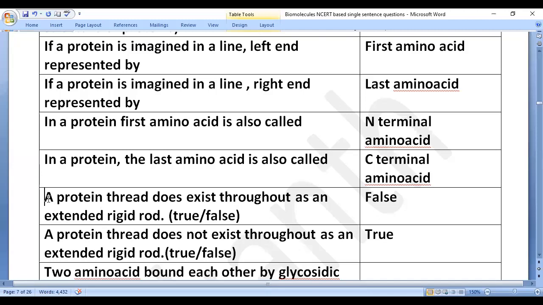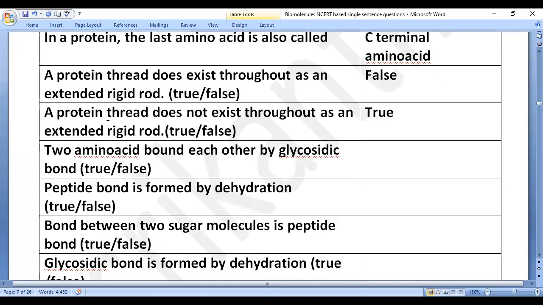That is false. A protein thread does not exist throughout as an extended rigid rod. That is true. Two amino acids bound to each other by a glycosidic bond? Wrong, that is a peptide bond.